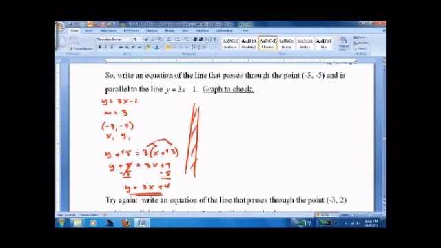So now we need to graph them. y equals 3x plus 4. That's the one we want to graph. I want to see if it goes through (-3, -5). Let's graph it and check.